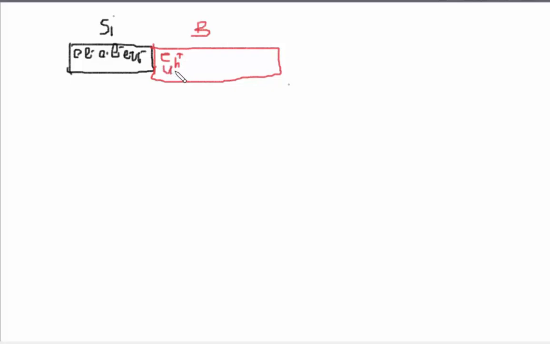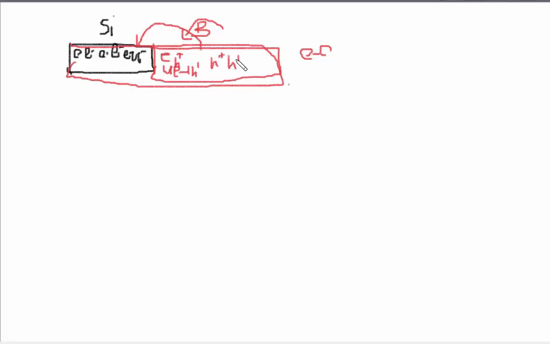So 4 electrons and one hole. If I put this here and form a single structure, the electrons will be bonded together. If I put more boron, the holes will increase. So now I get more holes, which are positively charged. This positively charged material is called a p-type material.